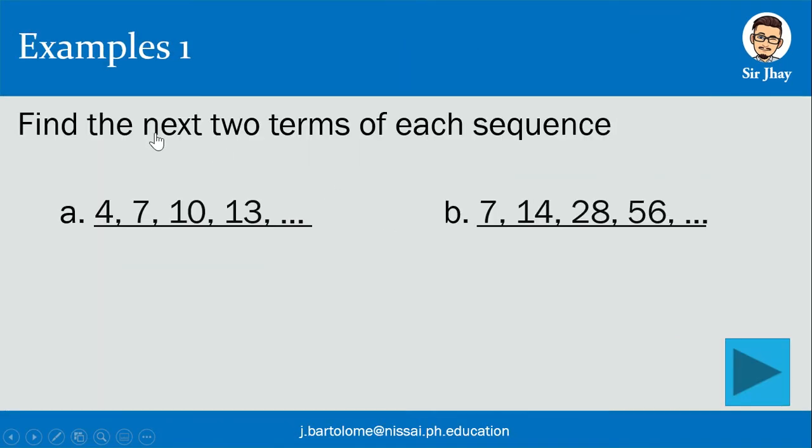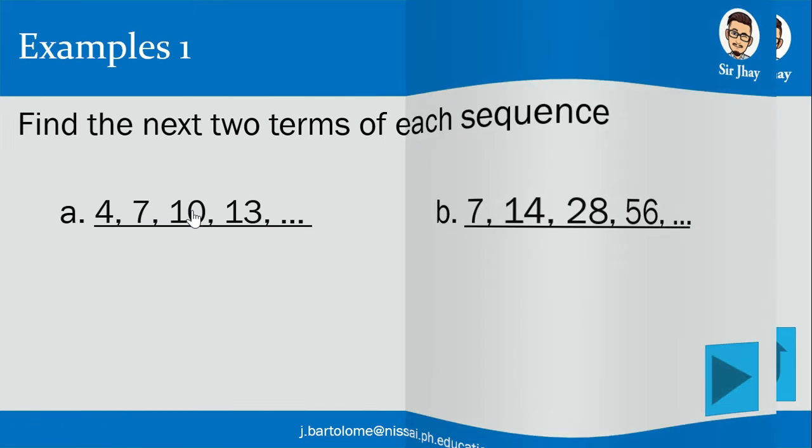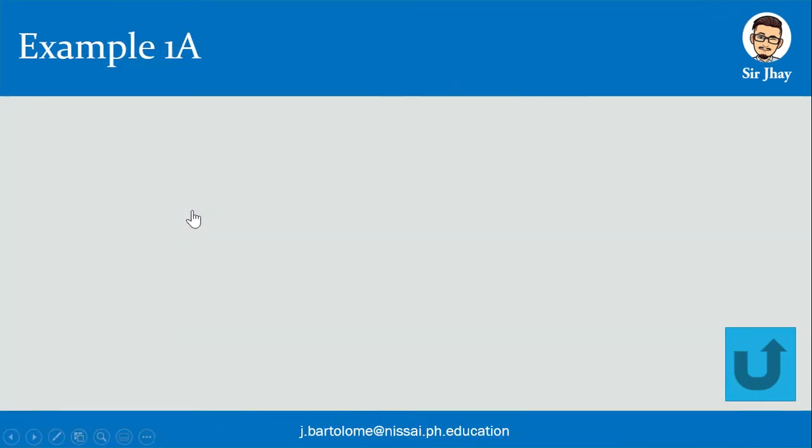Let us find the next two terms of each sequence. We have the first sequence: 4, 7, 10, and 13, and the second one: 7, 14, 28, and 56. Let's have the first one. Looking at this sequence, we have 4, 7, 10, and 13.